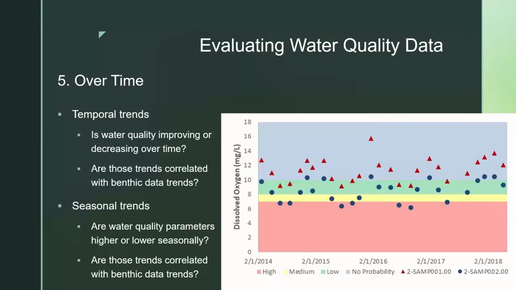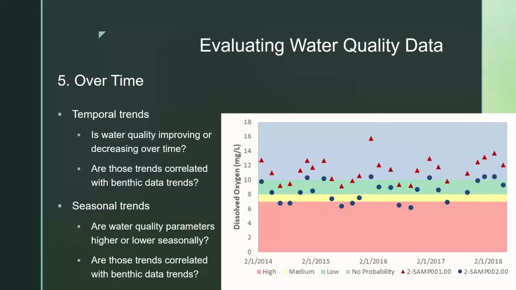And if we see increasing or decreasing trends in the benthic data, is that associated with trends in any one of the water quality parameters that we're looking at? If so, that might be an indicator that that particular parameter might be a stressor. If it is a stressor and we see the stressor levels going down over time, we should see benthic health improving over time. And obviously the vice versa is true as well.